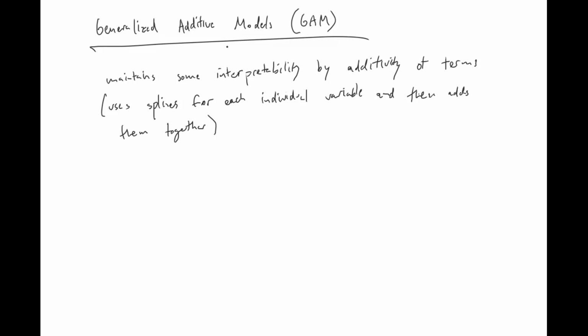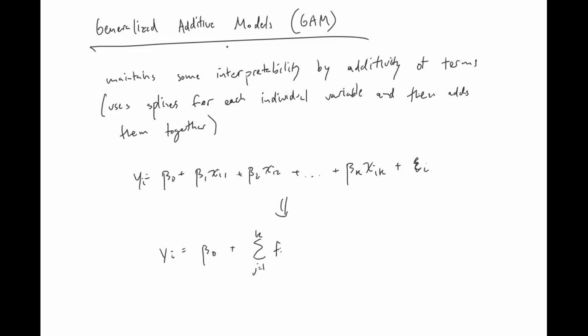So we go from something like yi equals beta naught plus beta 1 xi1 plus beta 2 xi2, and so on and so forth. And we transform this into this, which is our smoothing function.